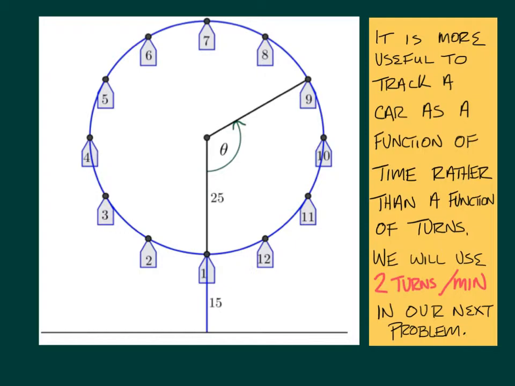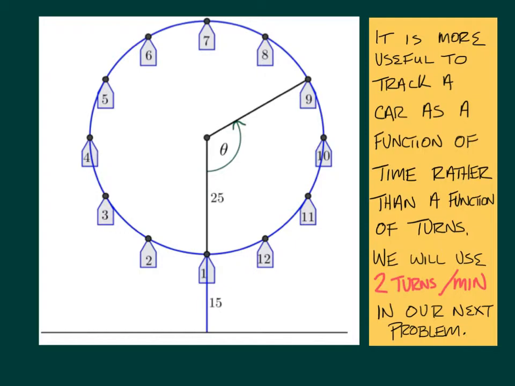Now we're going to do one more thing. It is more useful to track a car as a function of time rather than a function of turns. So instead of tracking it in terms of how far we've turned in degrees or radians, we're going to do it in terms of time.